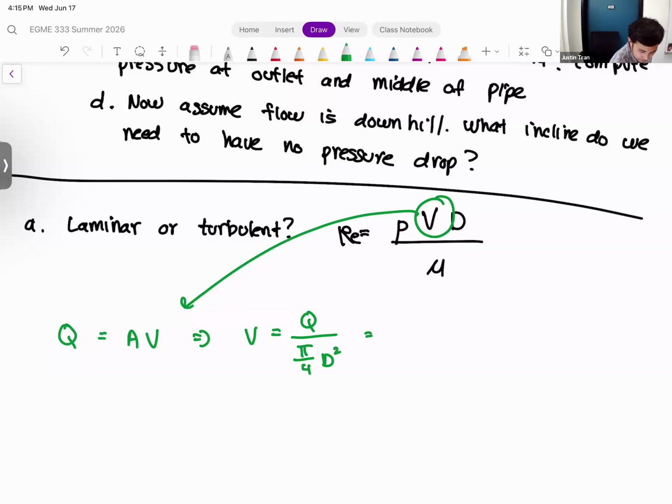Okay. All right, so let's just go ahead and plug in the numbers here. So the flow rate that's given to us in the problem was 20 milliliters per second. Okay. Now, milliliters is kind of a strange unit. You may not be used to working with that, but 1 milliliter is equal to 1 centimeter cubed.